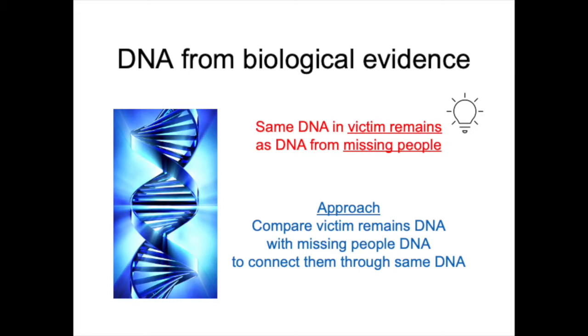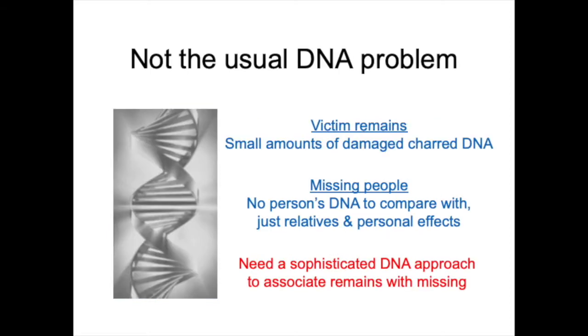There's also DNA that she would have left in a victim remain. So the approach is to compare the victim remains DNA with the missing person's DNA and connect them through the common DNA of the same person.